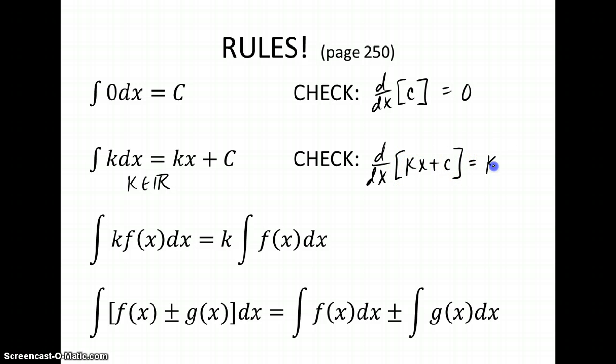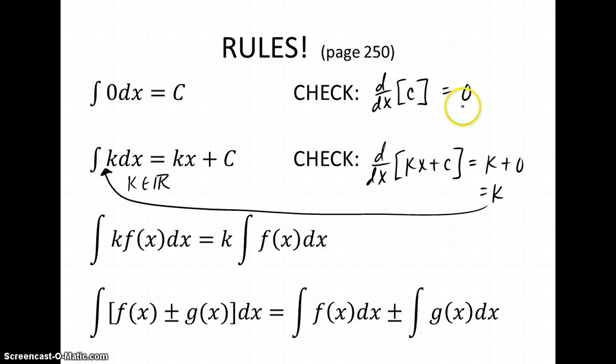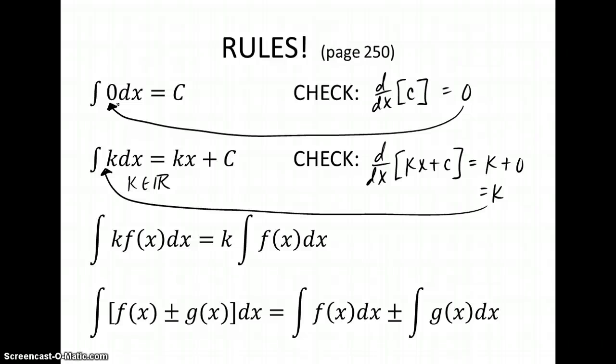The derivative of kx is k. The derivative of C is 0. So where's the k? It's the original integrand. Look at 0. It's the original integrand. So after you take the derivative, it's a bit of a catch-22. You can always see if your work is correct by taking the derivative.